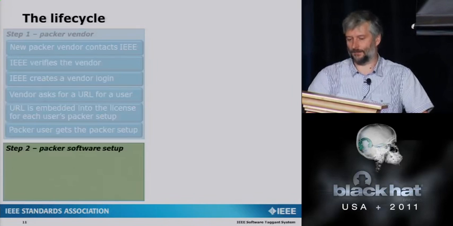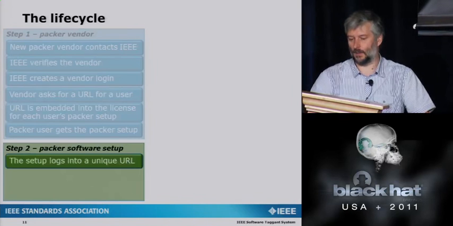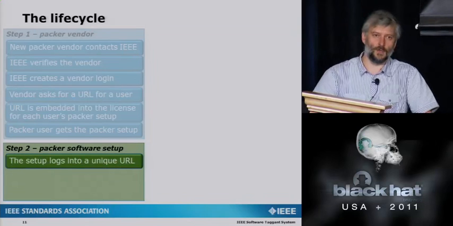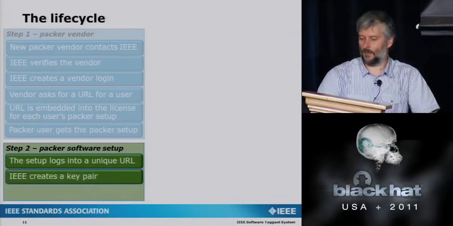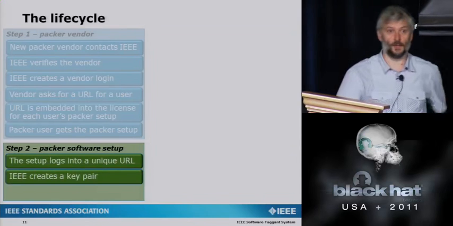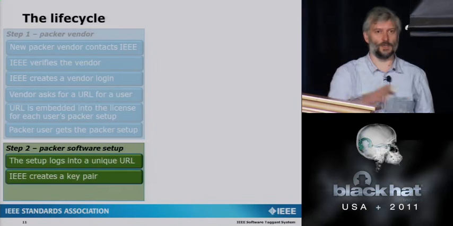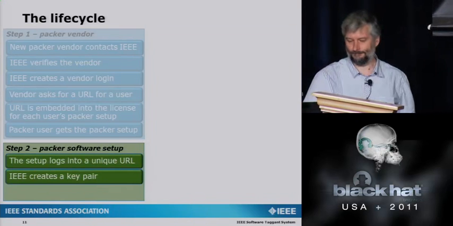What do they do next? They install the software. The setup goes to that unique URL and generates a key pair unique for that installation. That would differentiate from that moment Alice's, Bob's, and Carol's.